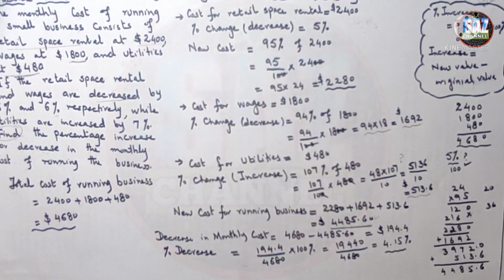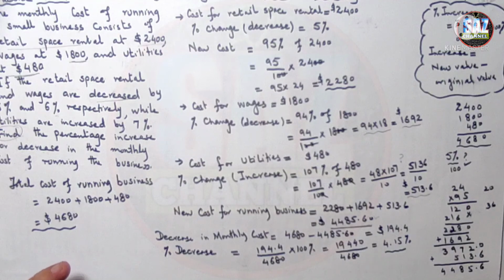Okay students, the objective of today's class was to teach you how to find the new values when a percentage increase or decrease is given, and what to do in case of increase and in case of decrease.